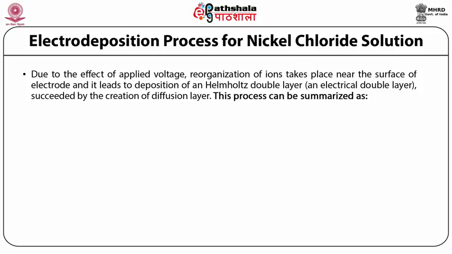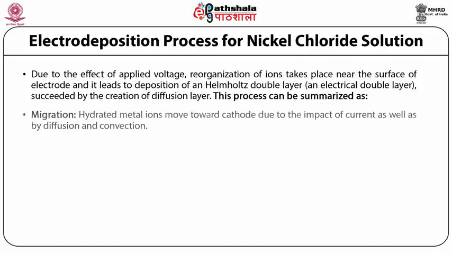This process can be summarized as follows. First is migration, that is, hydrated metal ions move towards the cathode due to the impact of current as well as by diffusion and convection.